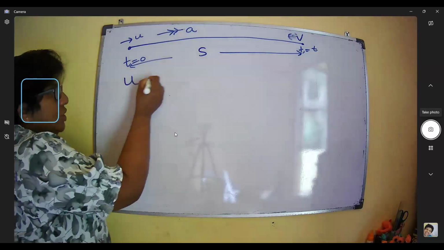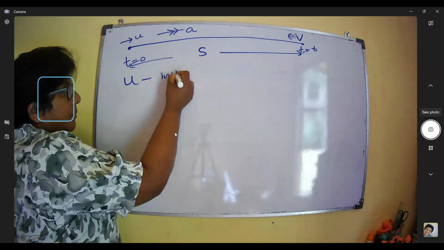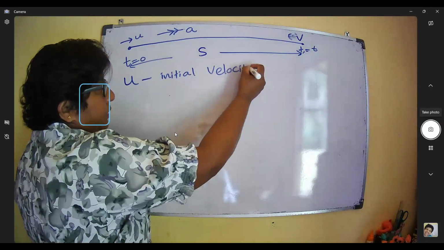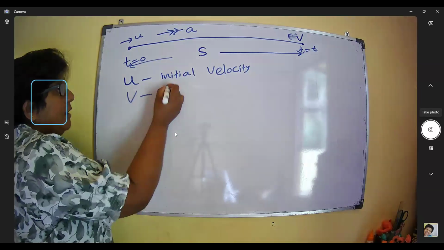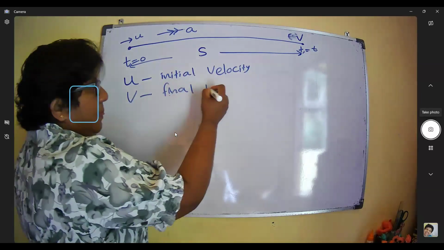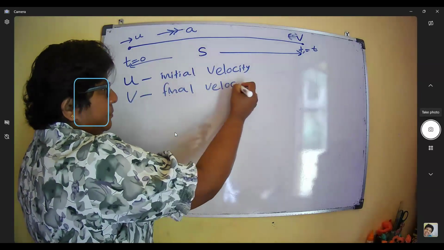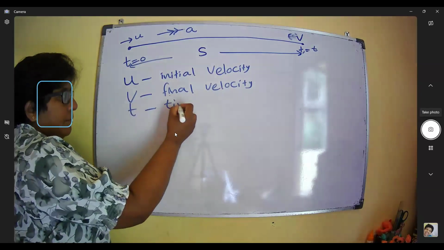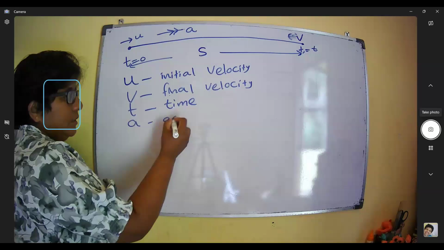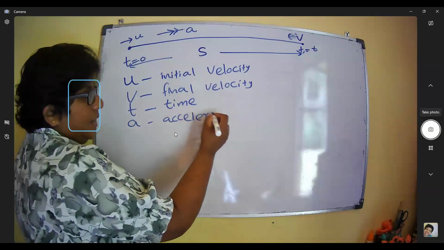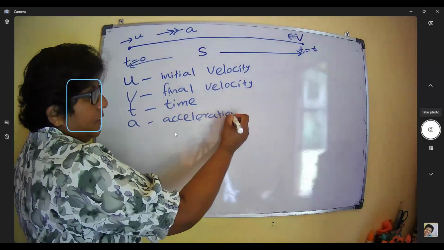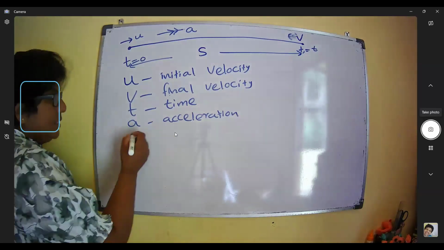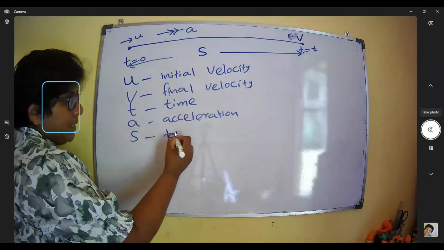Then u is the initial velocity, v is the final velocity, t is time, and a is the constant acceleration. We build the kinematic equations under constant acceleration, and s is the total displacement.